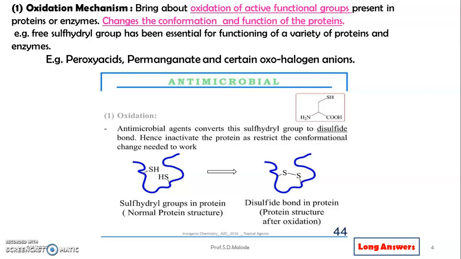There are free sulfhydryl groups which are essential for functioning of a variety of proteins and enzymes.